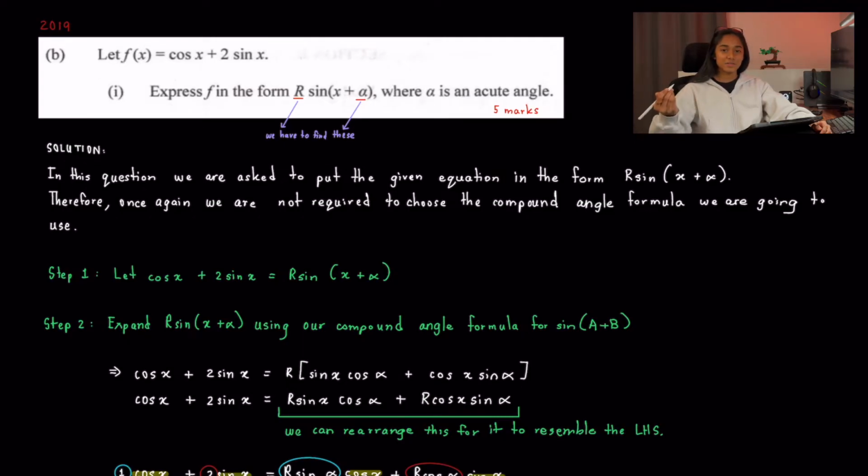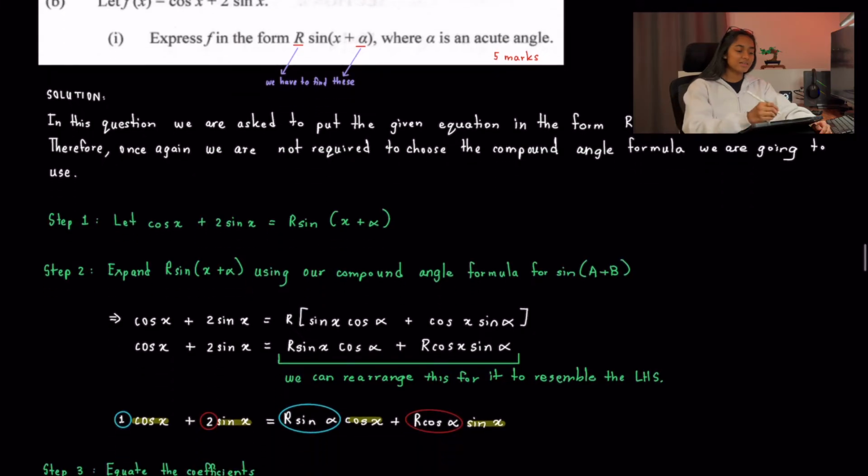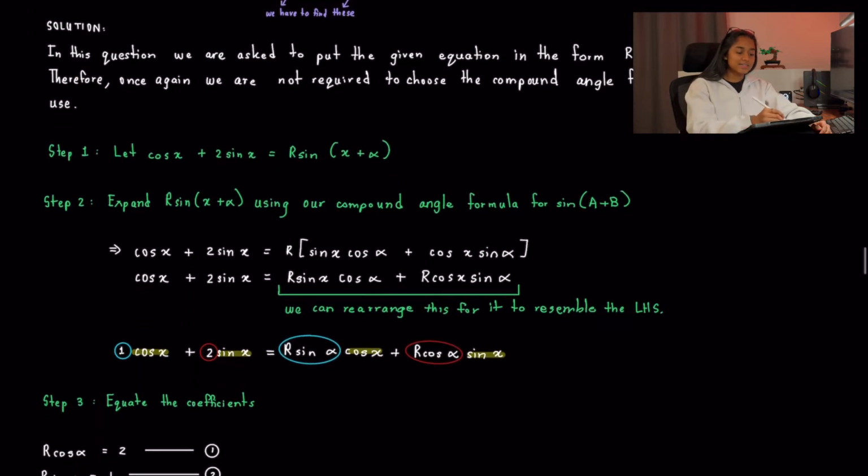Similar to the previous one, we first start by letting the equation equal to the form given. Okay, now to find r and alpha, we're going to do the following steps. The first thing that we're going to do is expand r sine x plus alpha using the compound angle formula for sine a plus b.